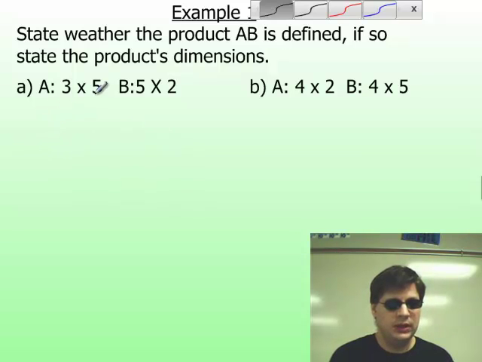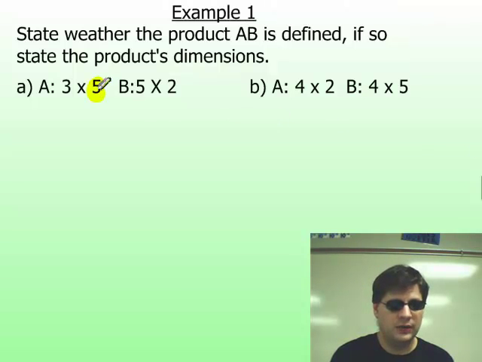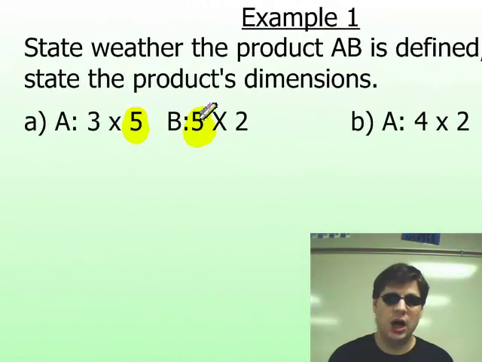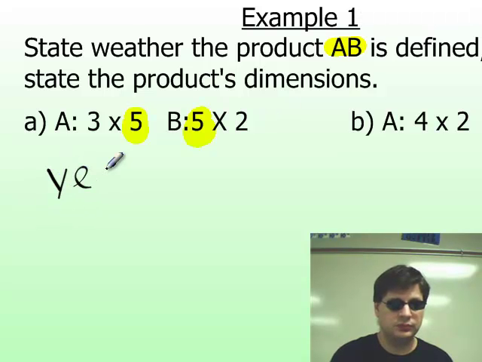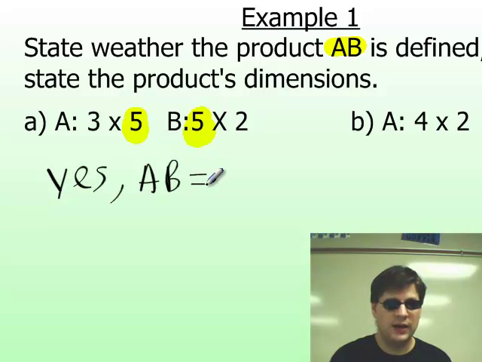So because the number of columns on matrix A is the same as the number of rows on matrix B, and we are putting it in the order of A first and B second, then we can say yes, you can multiply them together.